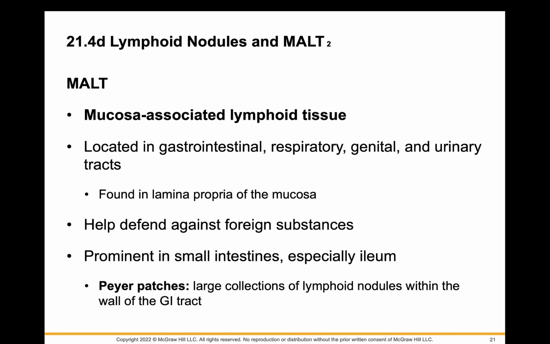Now, when we start talking about structures that are tubes but not vessels, the mucosa is going to be the innermost layer of that tube. So that is the layer that is actually going to be in contact with whatever happens to be within the tube. So the role of these mucosa-associated lymphoid tissues is really just to defend against foreign substances.